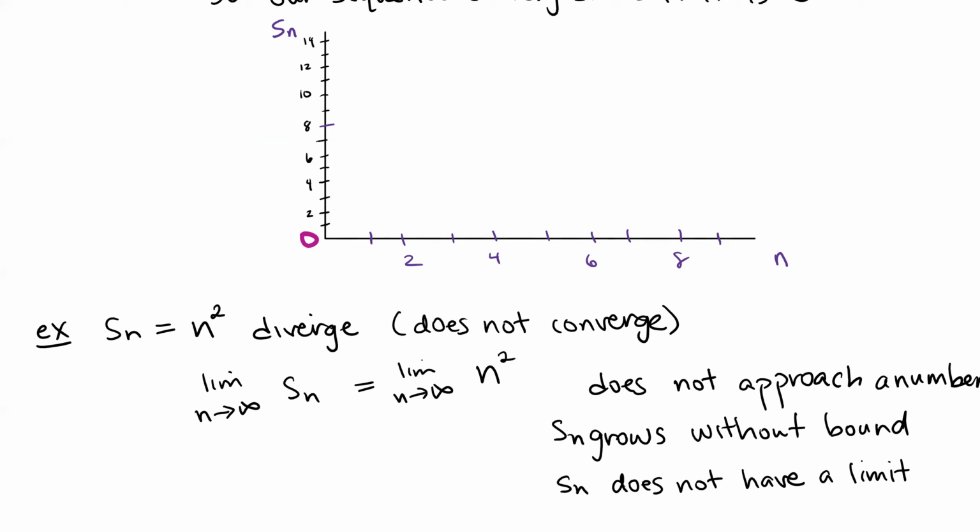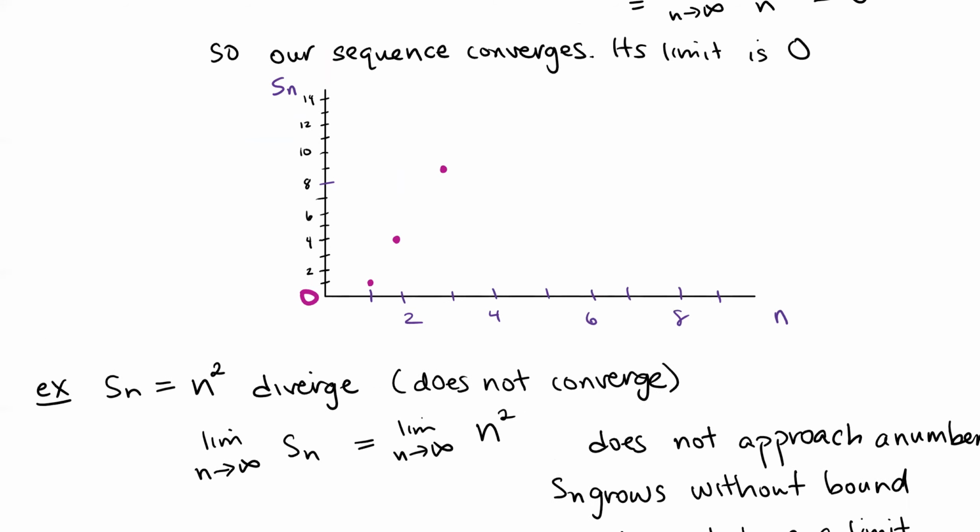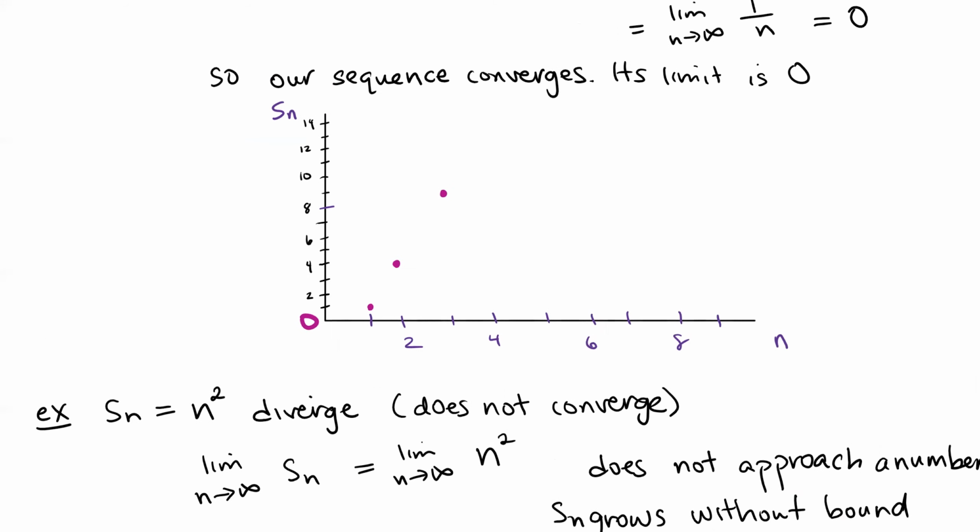All right, so when n equals 1, then Sn equals 1 squared, or 1. When n equals 2, Sn equals n squared, which is 4. When n equals 3, we've got 3 squared, or 9. That's about here. When n is 4, then Sn is 16. So that's maybe about here.